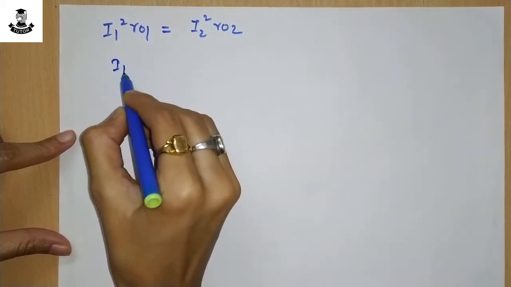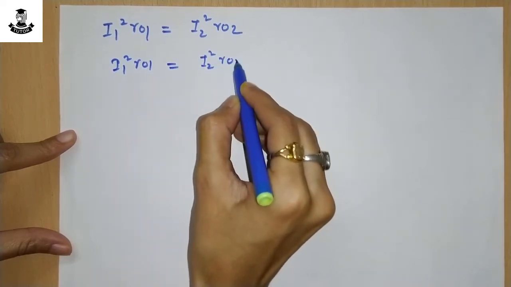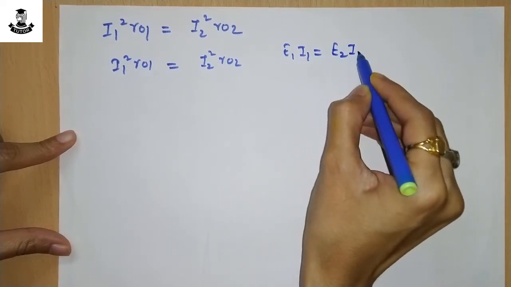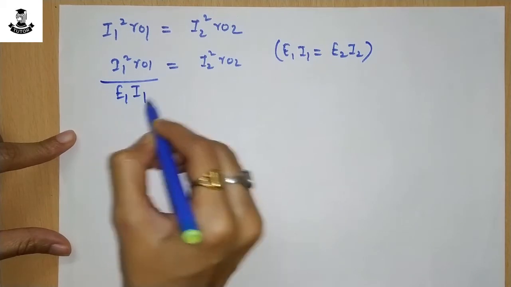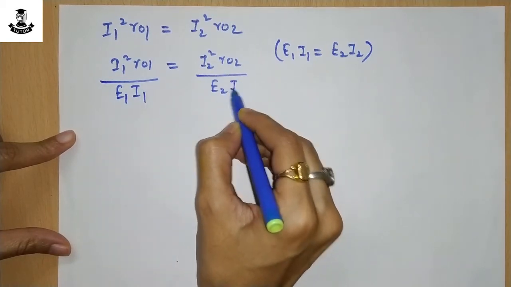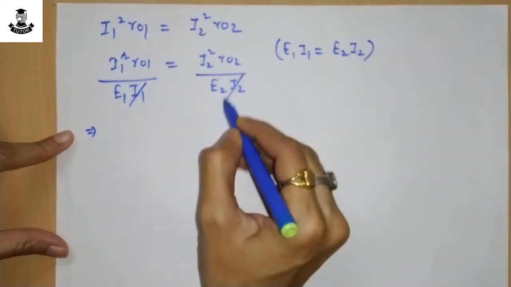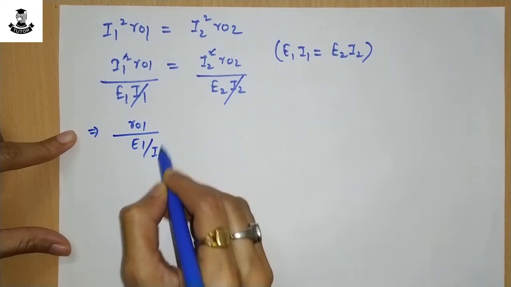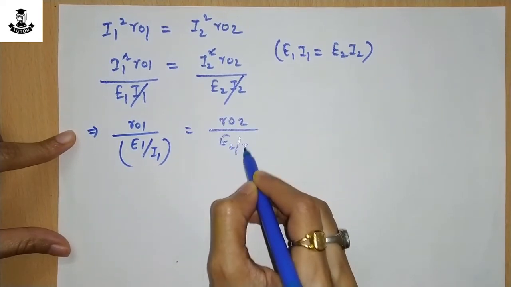Also we know transformer is a constant volt ampere device. Therefore, E1 I1 is equal to E2 I2. So, let me divide by this on both sides. From this we can write R01 upon E1 by I1 is equal to R02 upon E2 by I2.